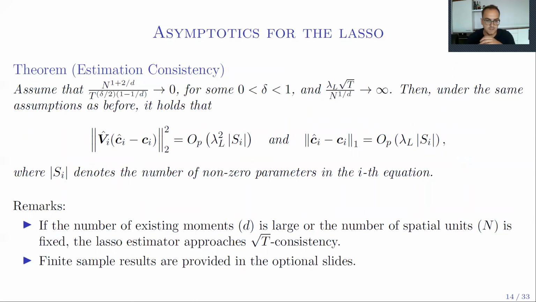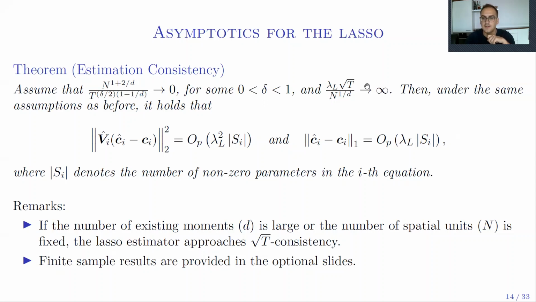Now we have a number of results. I think the easiest to show is the asymptotics for the lasso, and we have some finite sample results that we can show again as optional slides in the end. So for the asymptotics for the regular lasso, what we see is that if we impose restrictions on the relationship between the number of spatial units and the number of available time series observations t, and we impose that the penalty doesn't grow too fast, then we find that the prediction error over here, as well as the estimation error, basically converges to 0.